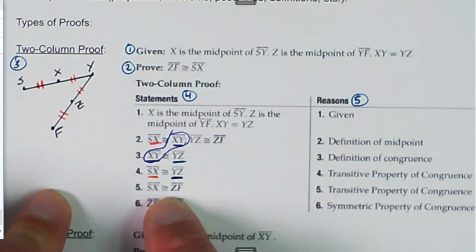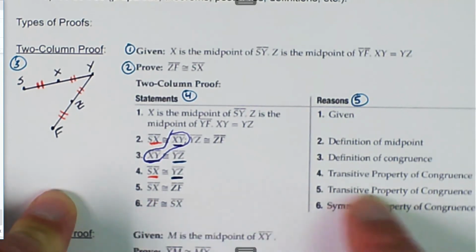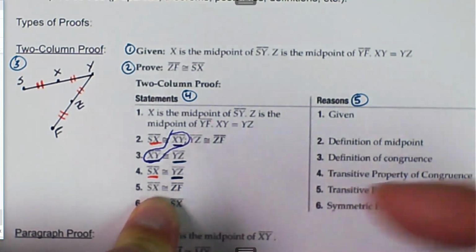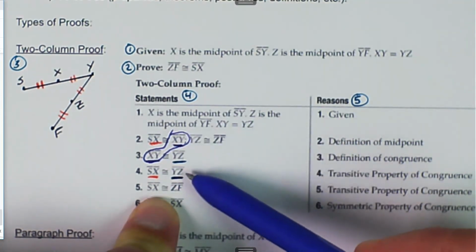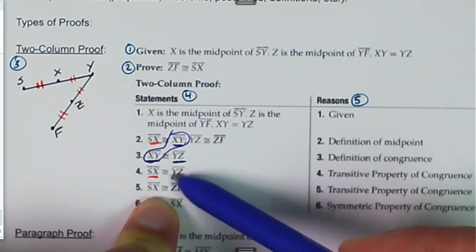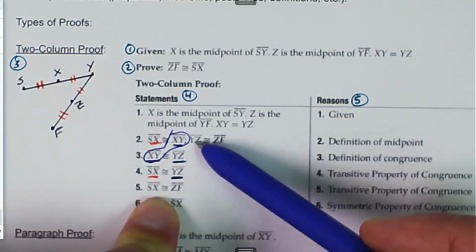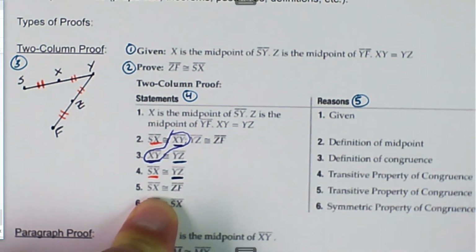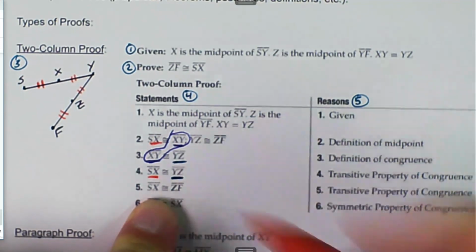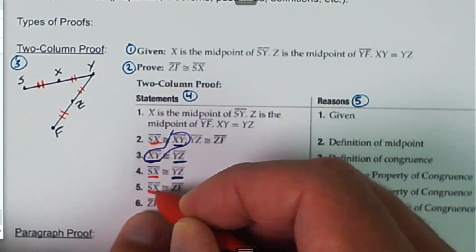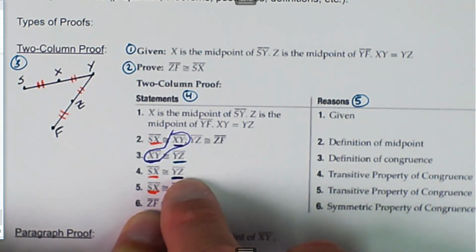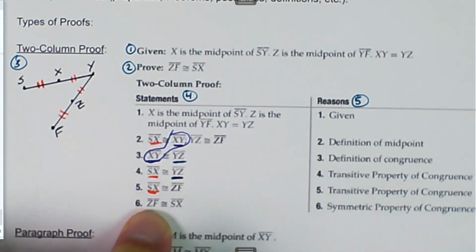Next we have SX is congruent to ZF, also by the transitive property. And so we have SX listed a few times. Here we said SX is congruent to YZ. And here we have YZ, so it's kind of the same thing. So again, we have SX, which we talked about earlier, and that is congruent to ZF.